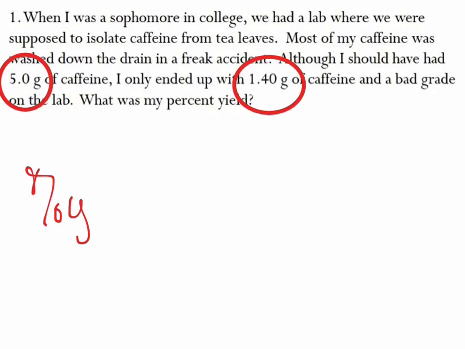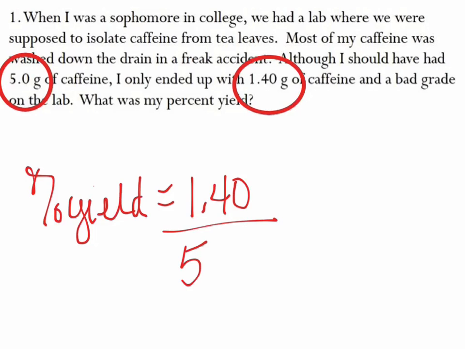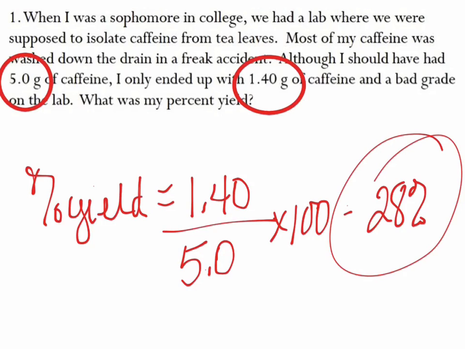So percent yield is 1.40 over 5. What is it? 28%. This is my last slide.